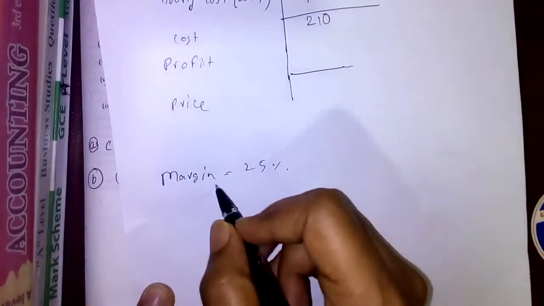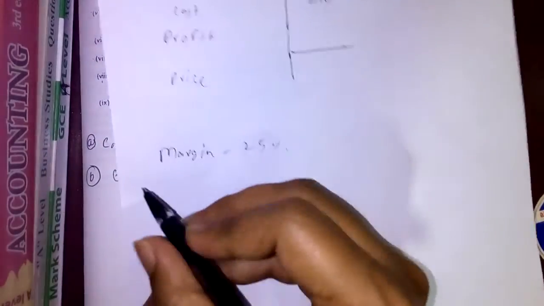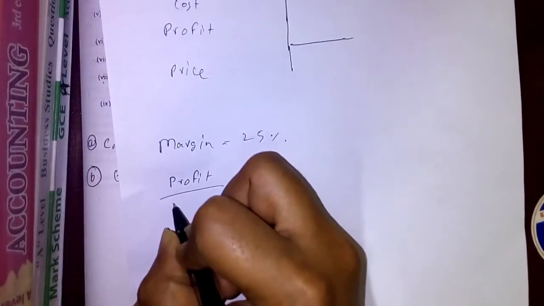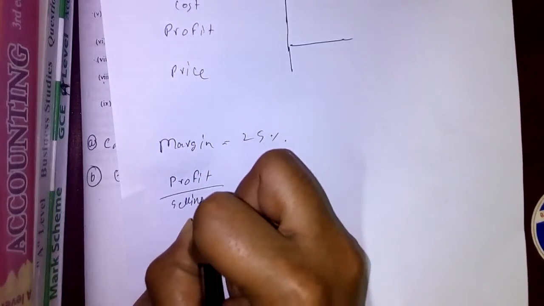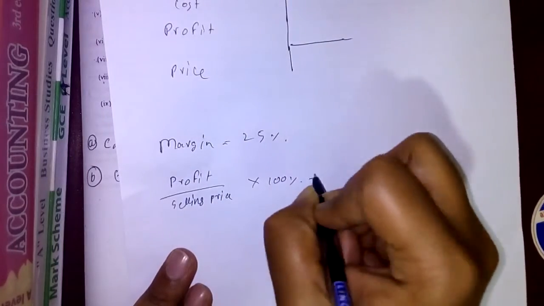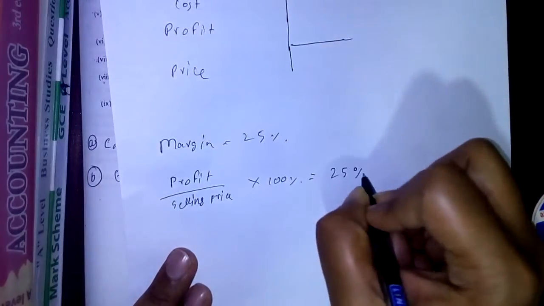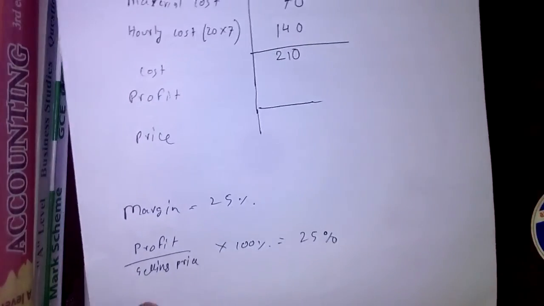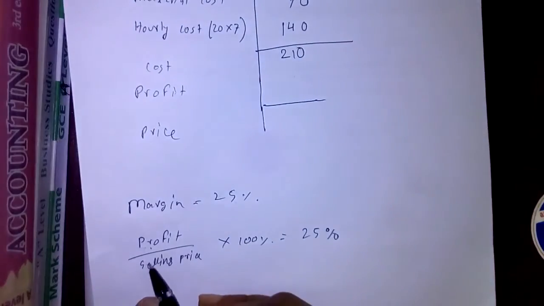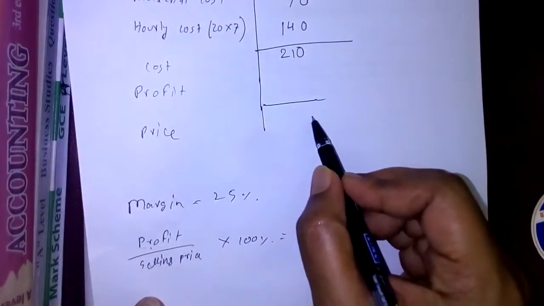What do we know about margin? Margin basically means profit divided by price or selling price into 100%, right? That is a margin. So the thing is, in this particular math, we neither know the profit because we have to find that one down, nor do we know the price here, right?